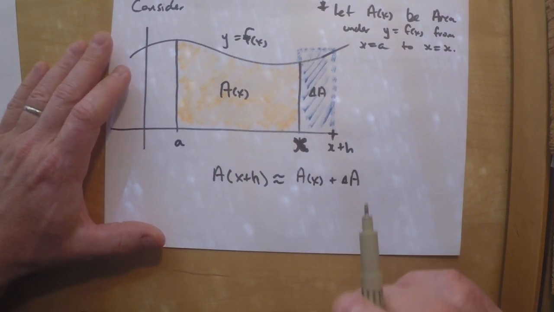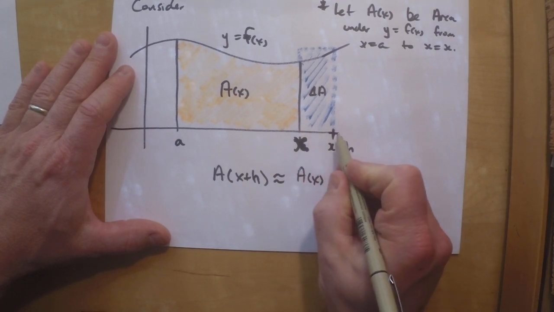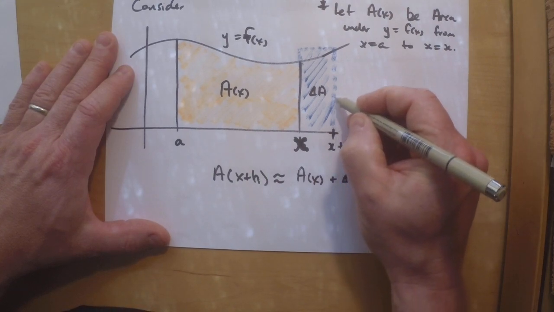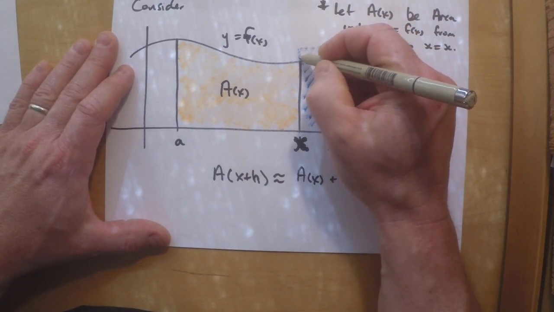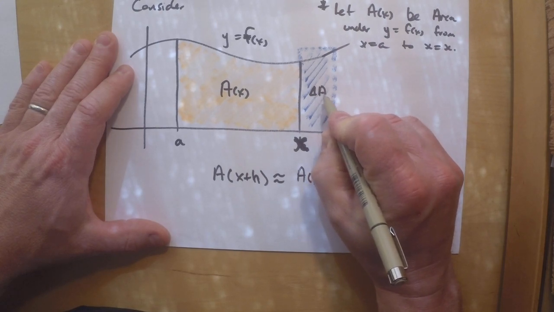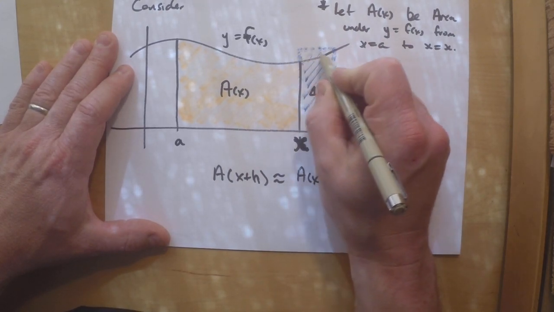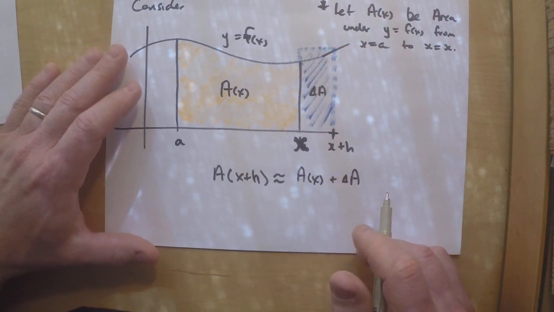Let's assume that exists, and then from there we can build what we want to build. So if I move a little ways away from x, for example, to x plus h, I can add on this really bad approximation to this extra change in area, which would be delta A, and that would be this area here. Now obviously there's some error here, but we'll get around that in a minute.